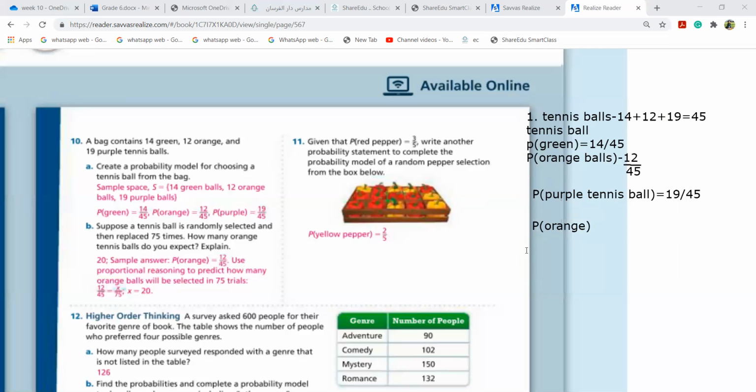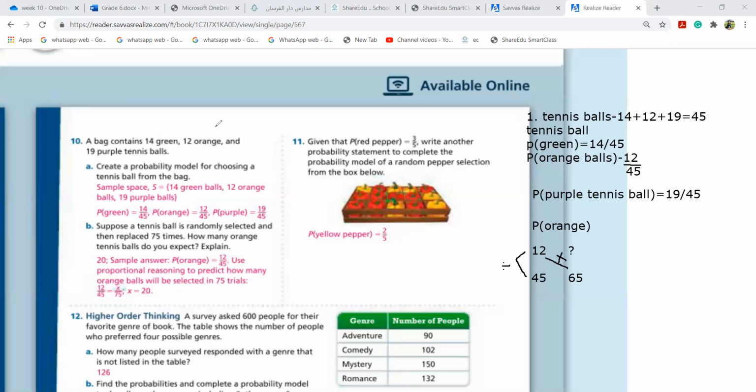Before, orange was 12 out of 45. Now they replace it 75 times. I told you, remember this? Noor, what should I do? I must divide 12 by 45 and then multiply by 75.